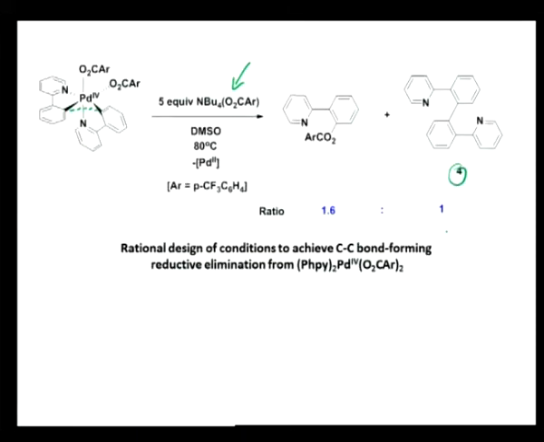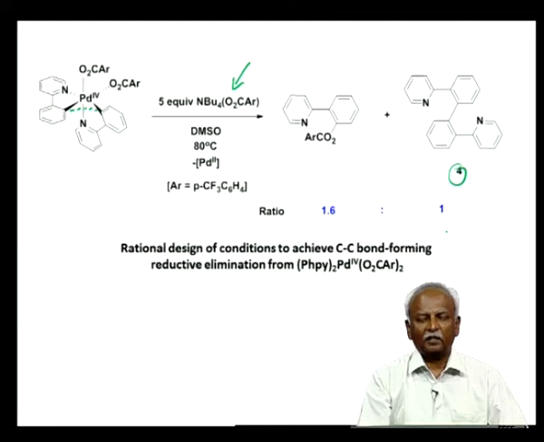So, this is the first time where both CC and CO coupling in a reaction have been studied, and also a rational way by which you can bias the reaction towards one product has been achieved, and this has been done through the formation of a palladium 4 mononuclear intermediate.